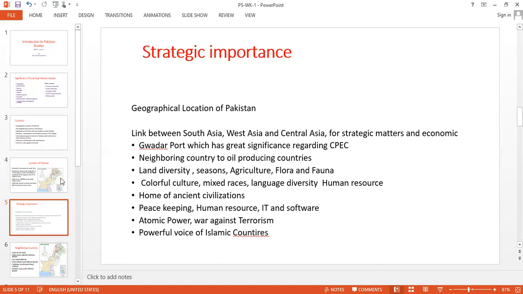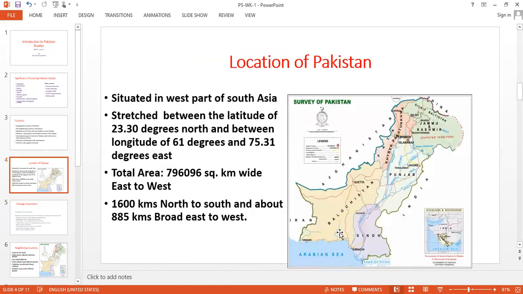And in that context, Gwadar becomes very significant because the trade from Europe and African regions can come here, and through these regions from Gilgit-Baltistan, it reaches to Gujarat and then to the Xinjiang Chinese region.